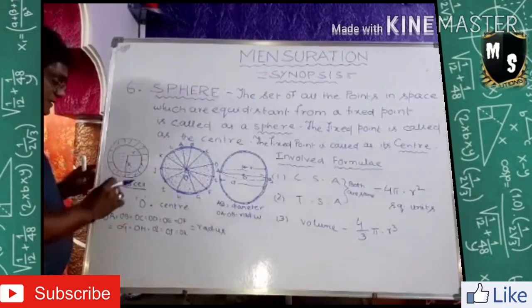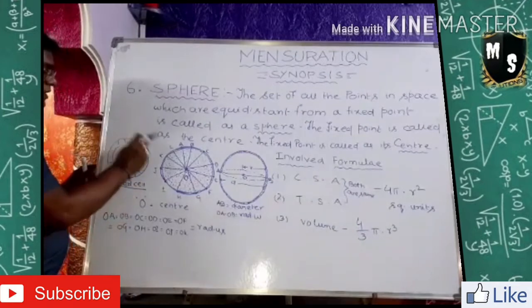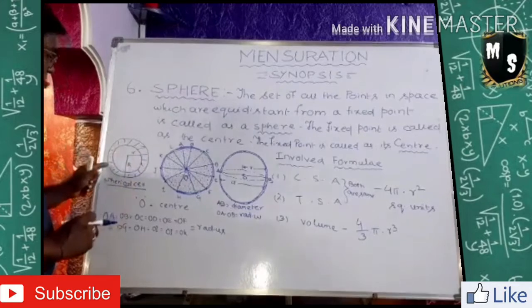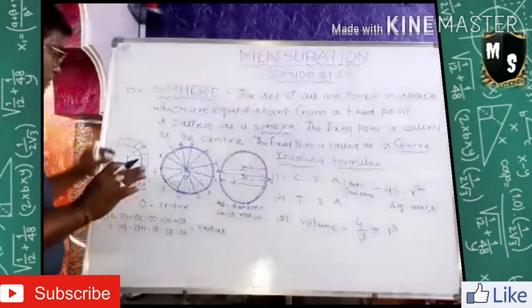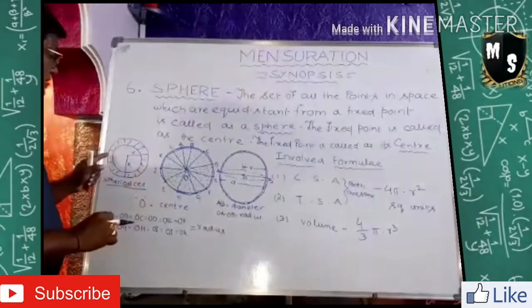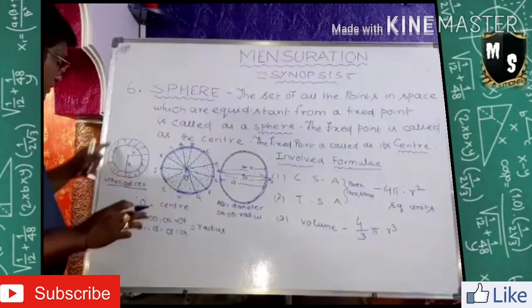When you calculate the area, the outer area is pi R square and the inner area is pi small r square. So when you subtract pi small r square from pi R square, you get the area of the spherical shell.